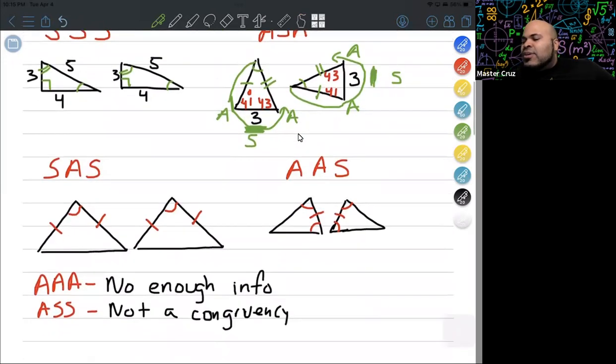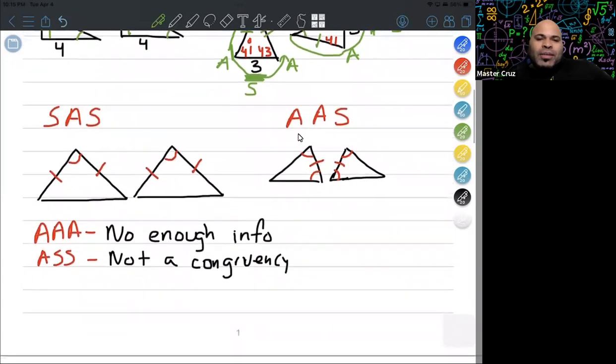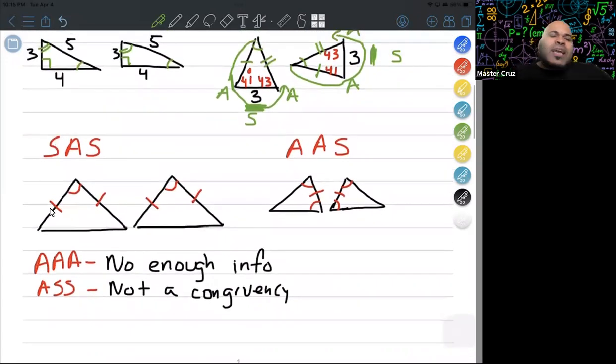The same argument could be made for side, angle, side. If I'm moving along the triangle and I find a side, and I keep moving along the same way and I find an angle, and I keep moving along the same way and I find another side, and I should put this double because this is a different one, then these two are exactly the same.